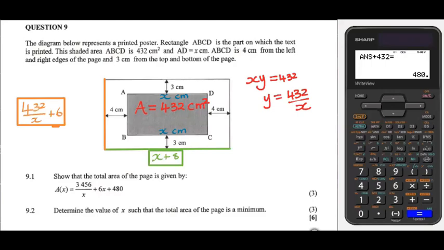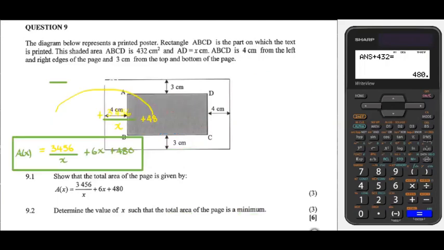The next thing is to differentiate. What are we deriving? They say determine the value of x such that the total area must be a minimum. Do I have the equation of an area?